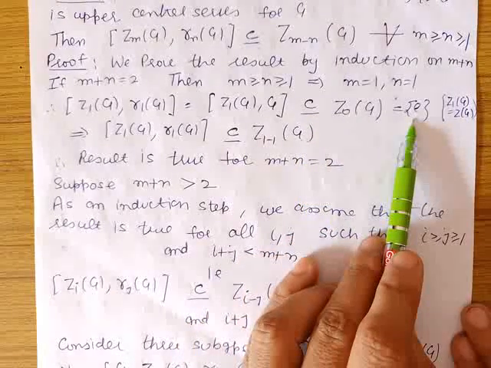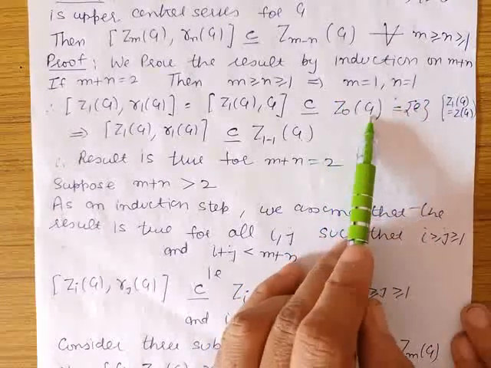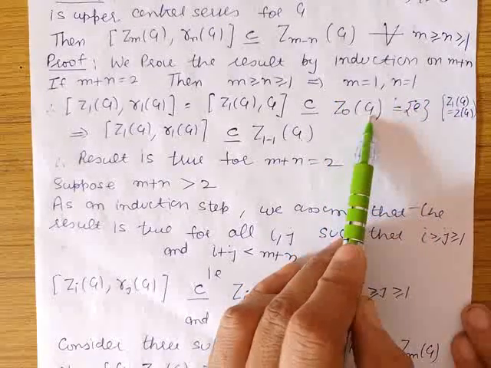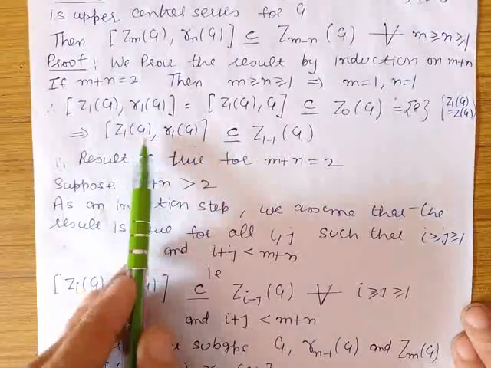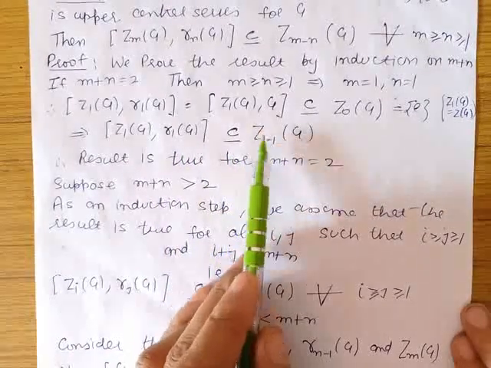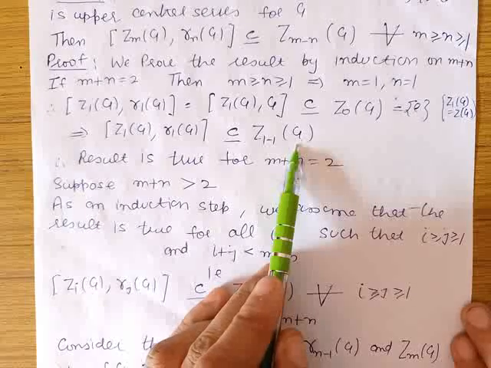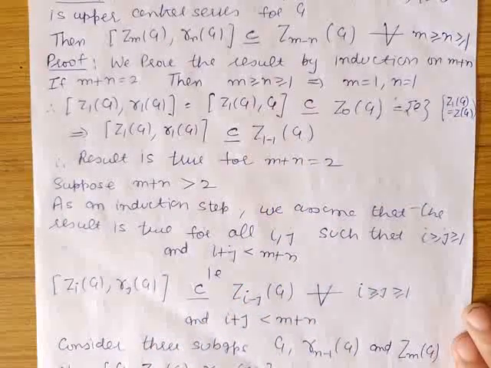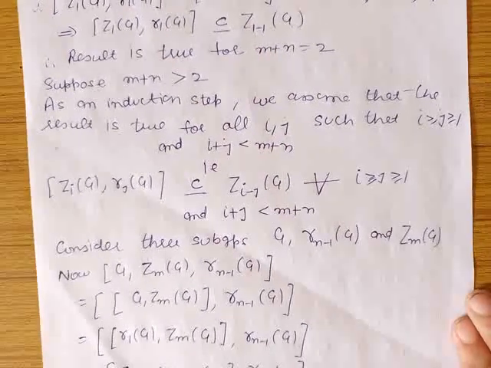And by definition of upper central series, this is Z not G. So we have proved the commutator of Z1G with gamma 1G is contained in Z not G. So our first step of induction is complete. We have proved the result for m plus n is equal to 2.